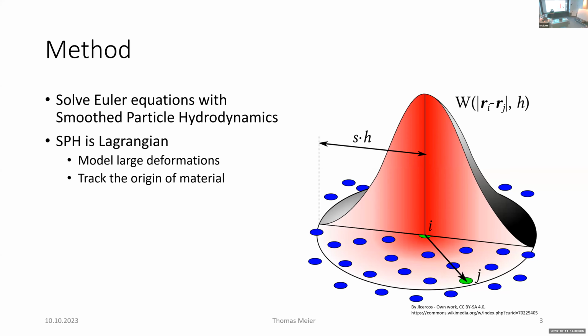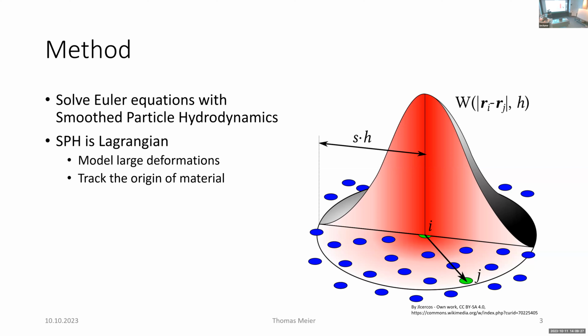And this method, the SPH method, is Lagrangian, which means that the state variables live on these particles and are transported with the flow. And this gives us the ability to model really large deformations. And we can also track the origin of material.